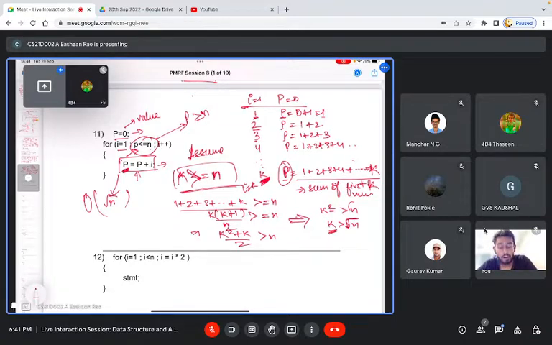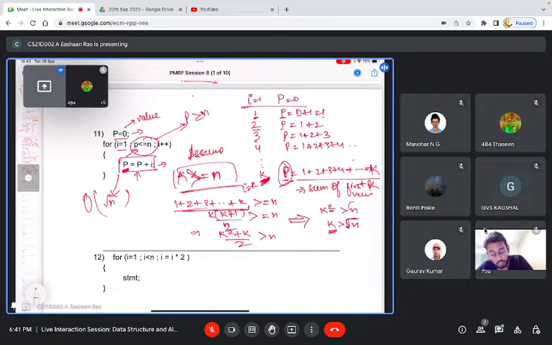So now we know that when the value of p becomes greater than n, it will be the sum of k numbers. We have to identify what that k value is. We know that at the kth value, p will be about n, so we say the sum of the first k numbers is greater than or equal to n.